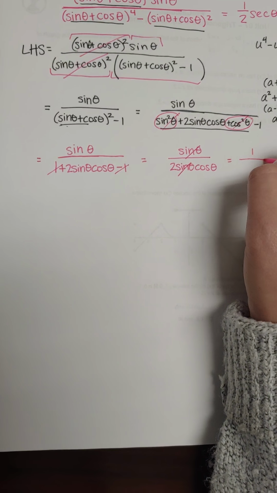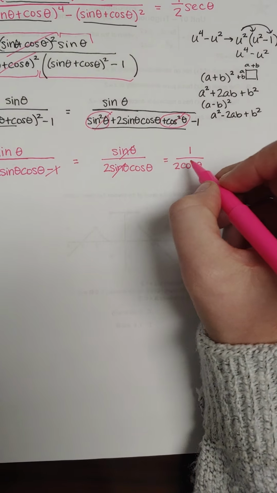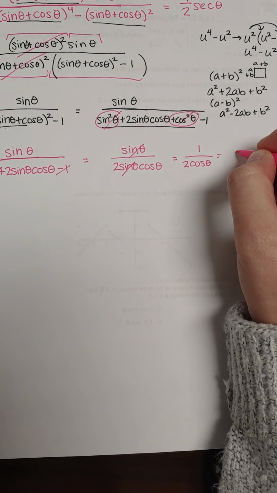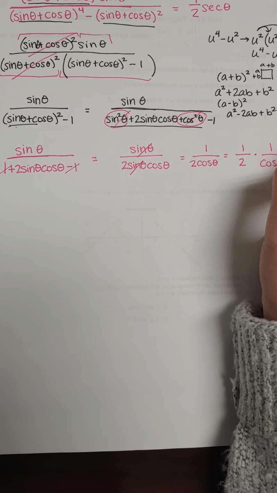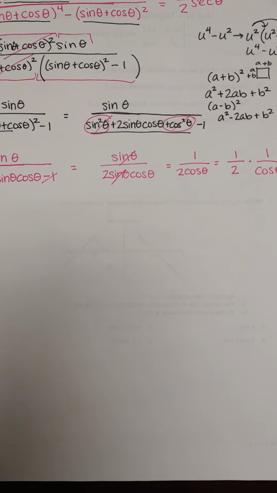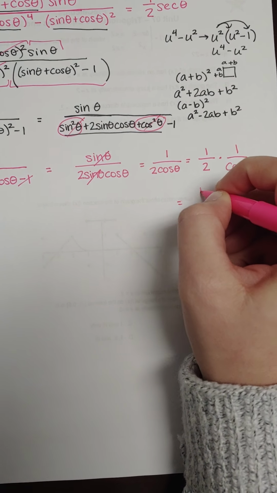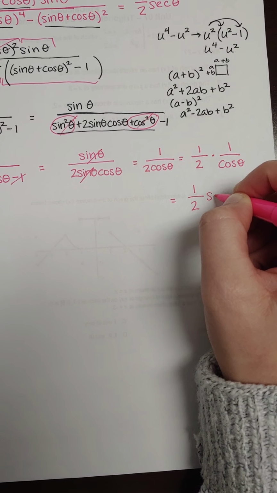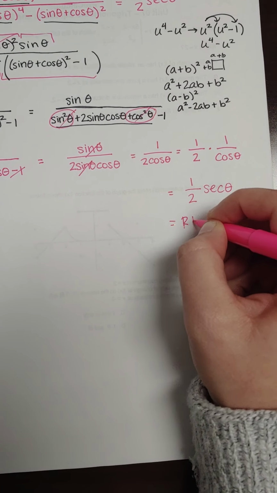So now I have 1 over 2 cosine theta, which, since these are multiplying, I can simplify by writing 1 over 2 times 1 over cosine. That's a really handy way to split something up by multiplication, because now I know that 1 over cosine theta is secant theta. So I have 1/2 secant theta, which equals my right-hand side.